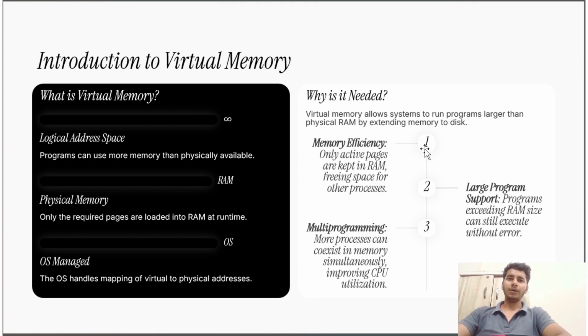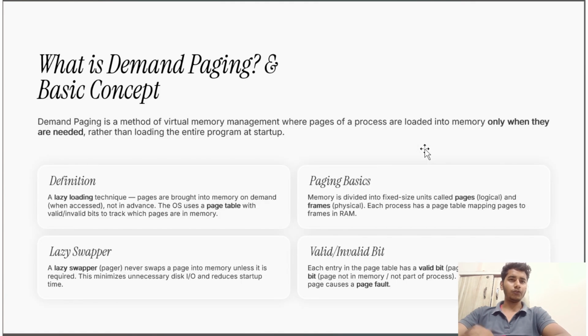Second is what is demand paging? Demand paging is a method of virtual memory management where the pages of a process are loaded into memory only when they are needed. Demand paging works as demand and supply. Its formal definition is a lazy loading technique, where the OS uses a page table with valid-invalid bits to track which pages are in memory.